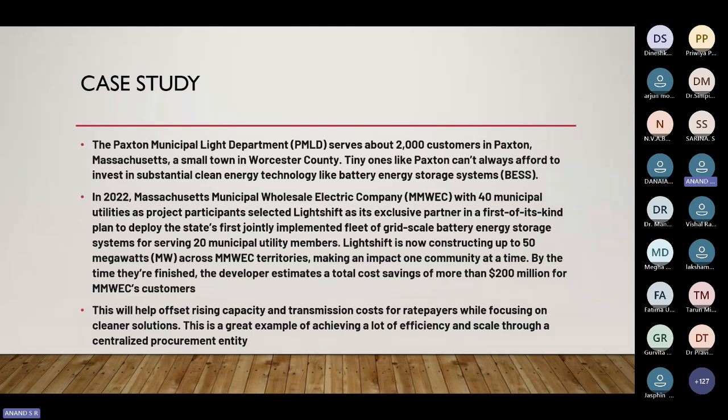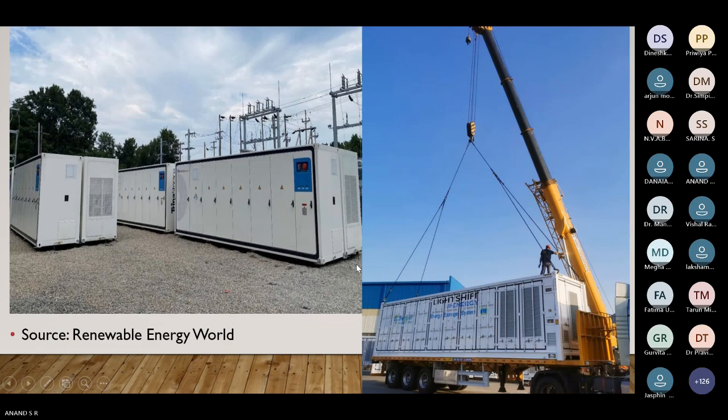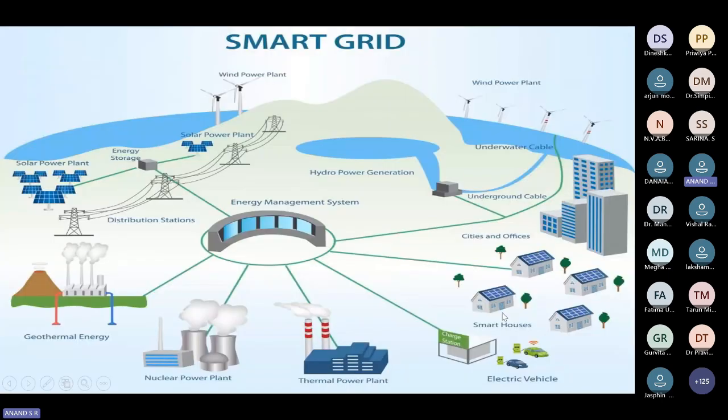See, it is only for a municipal area. Okay, so this is a picture from that area of the energy storage they have installed; we have taken this from Renewable Energy World.